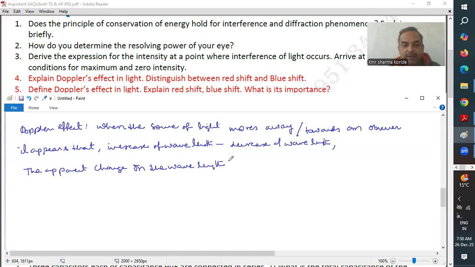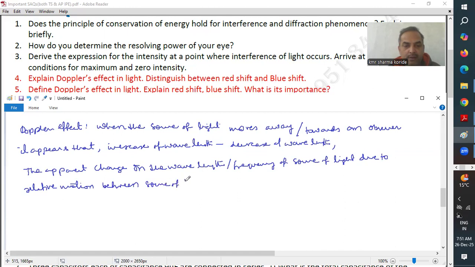The apparent change in the wavelength and frequency of source of light due to relative motion between the source of light and observer is called Doppler effect in light.